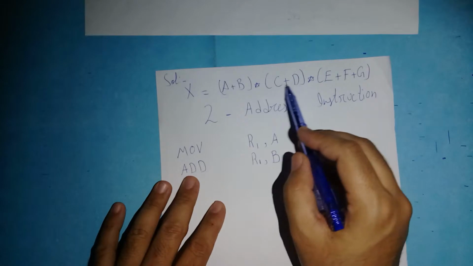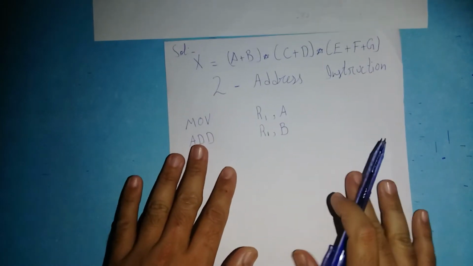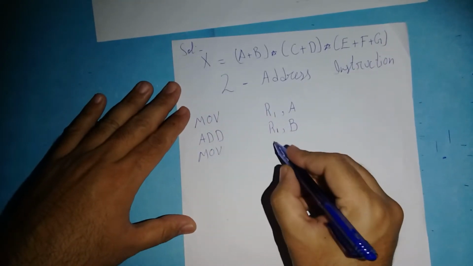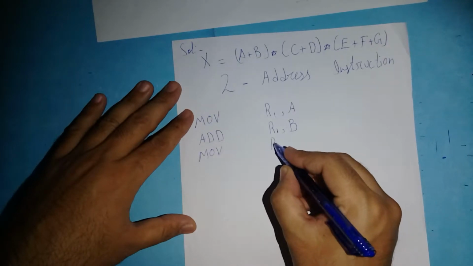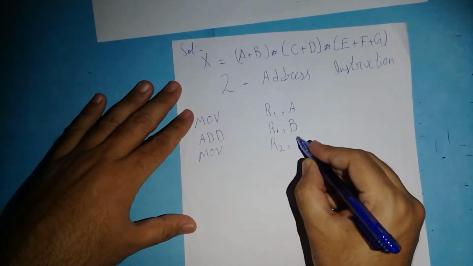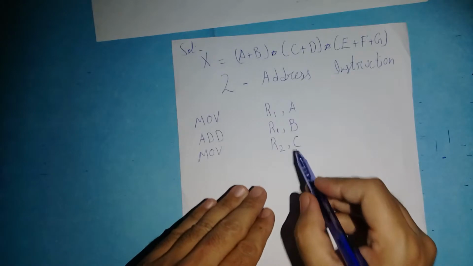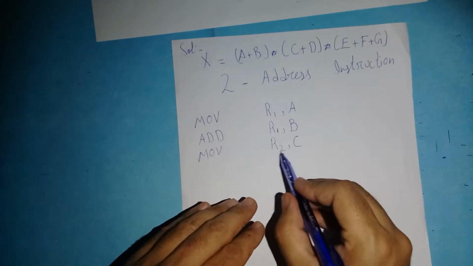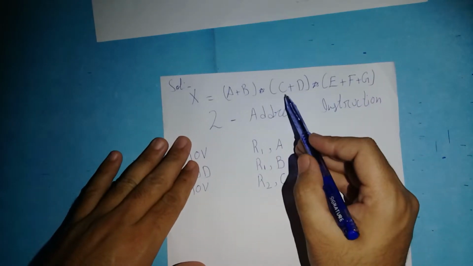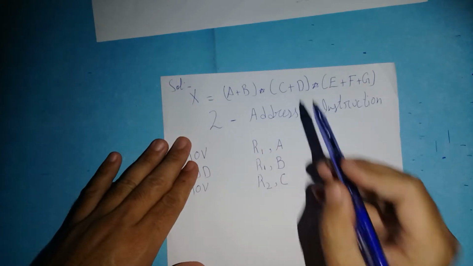In the second bracket, the first variable is c. So again, I'm going to write down MOV, and I'm going to give the name R2 to the second register, and write down the variable c. So now the value of the variable c moves into R2, which is register 2. Now if you see in the expression, in the second bracket, c is going to be added with variable d.